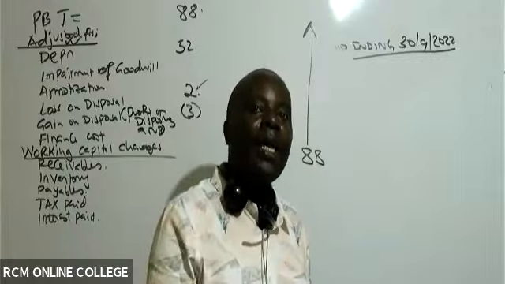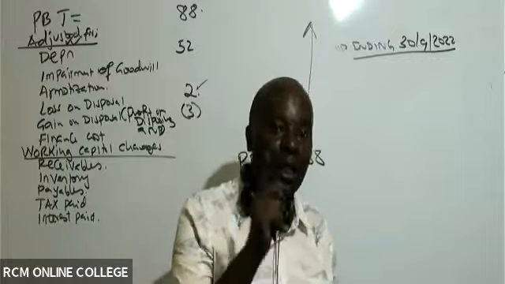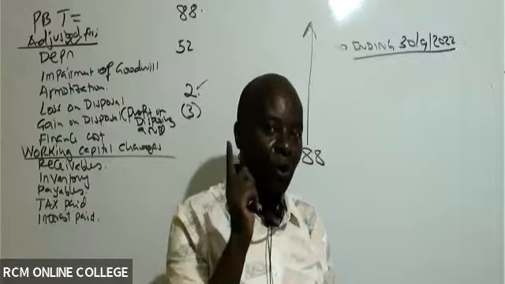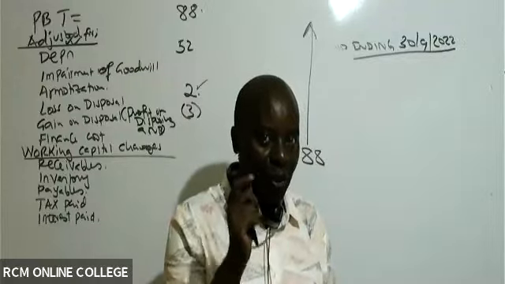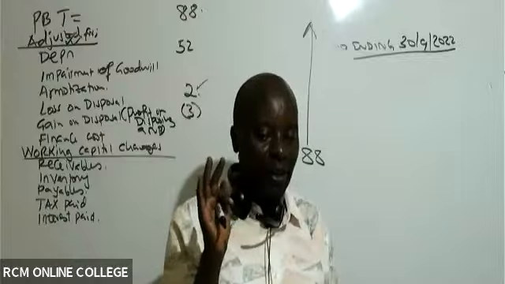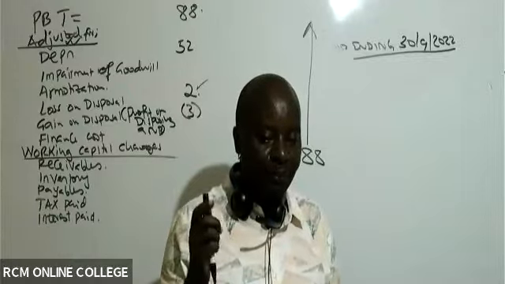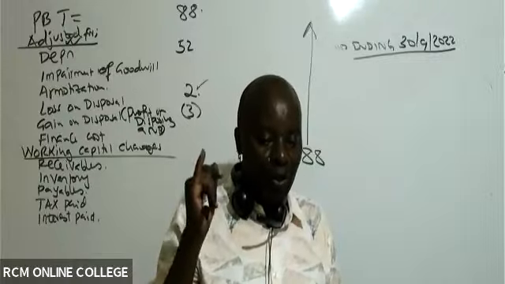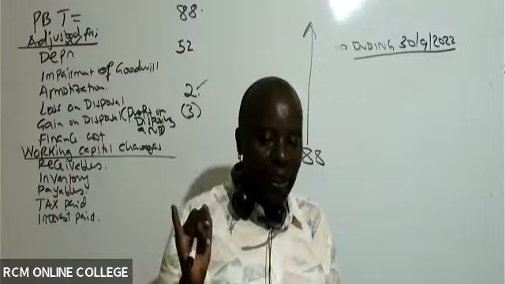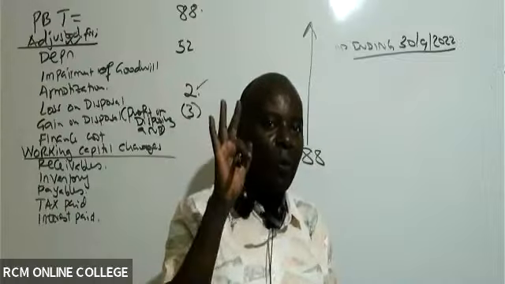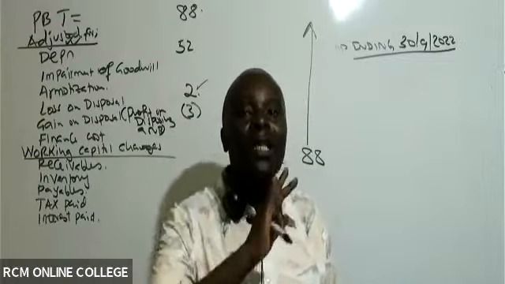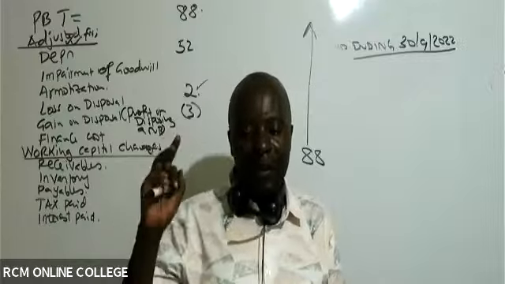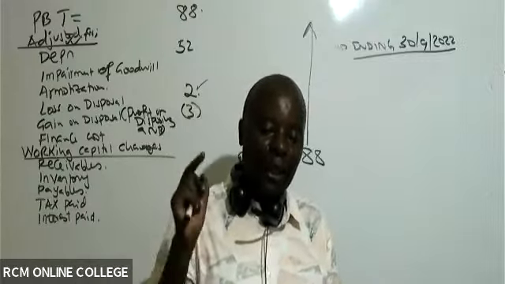When we started, I gave you 3 operational things. Are you able to remember those operational items that I gave you? There are only 3 operational items: revenue, cost of sales, and operating expenses.